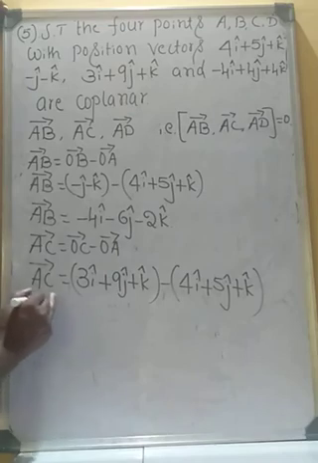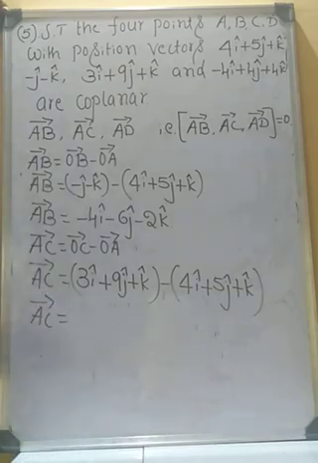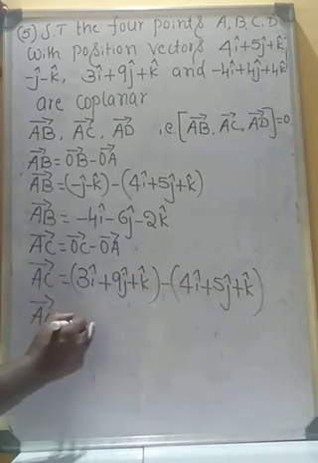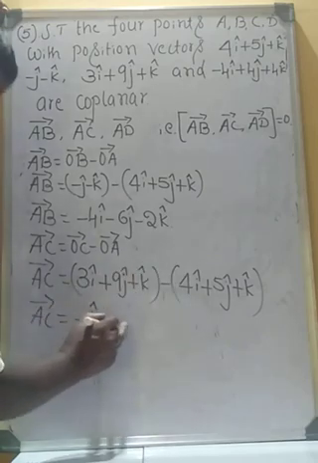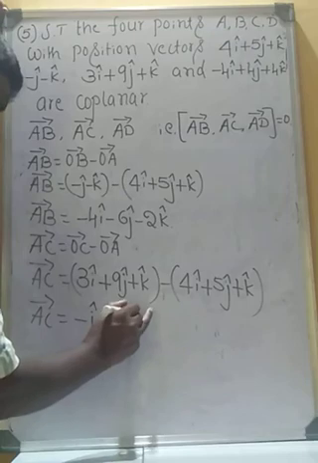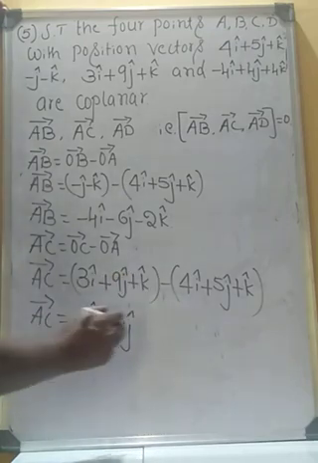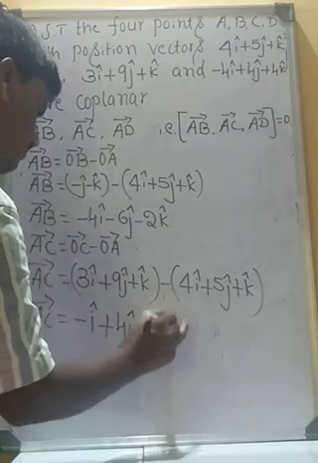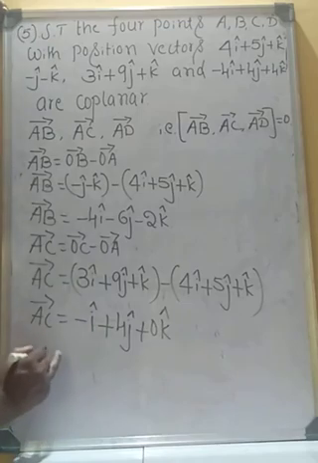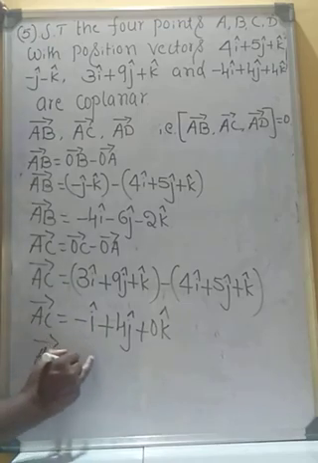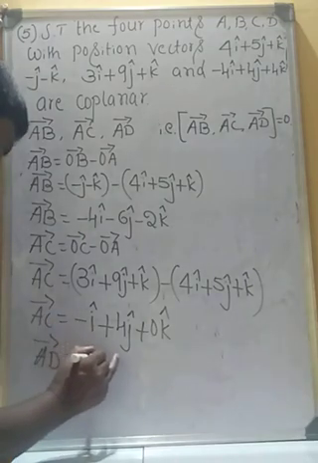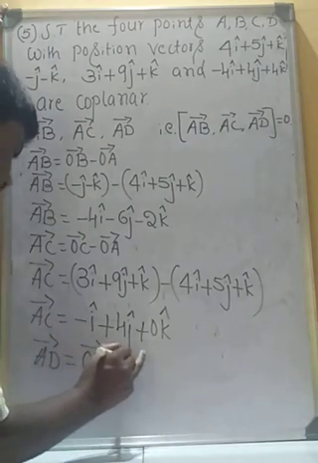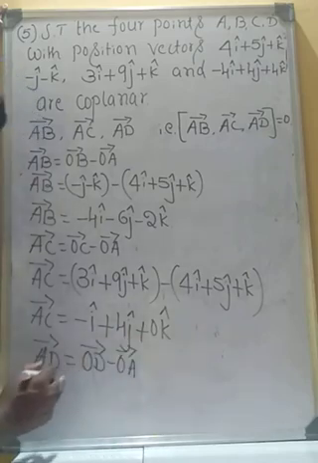Therefore AC vector is 3i - 4i is -i, 9j - 5j is 4j, k - k is 0k. Next find AD, that is OD minus OA.